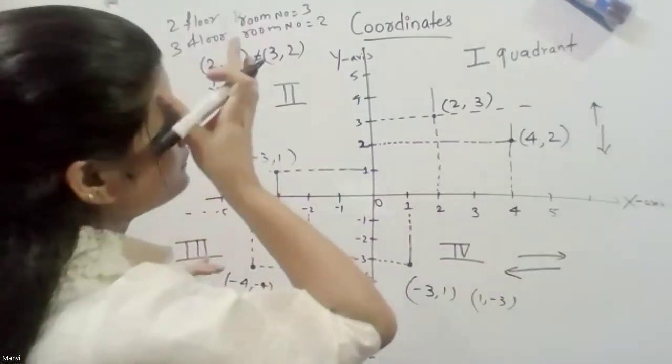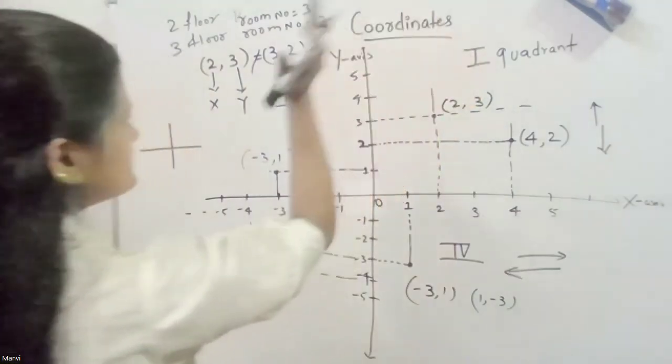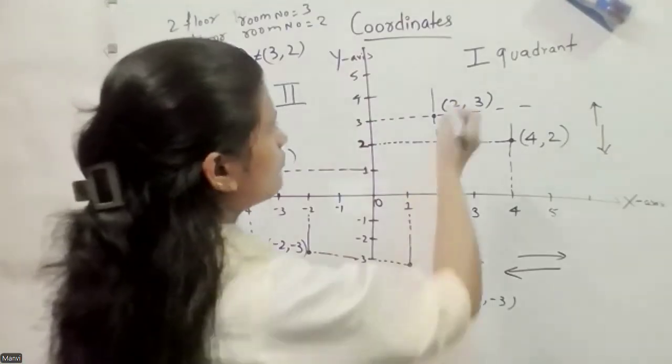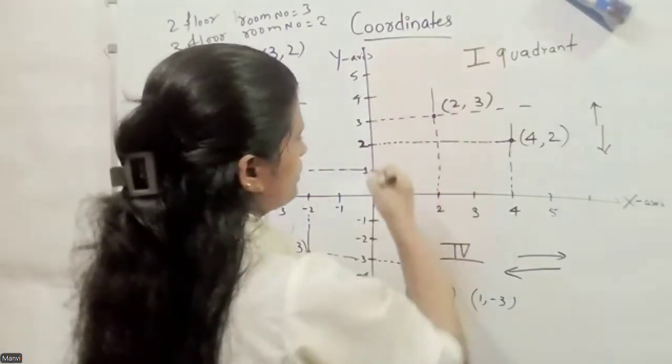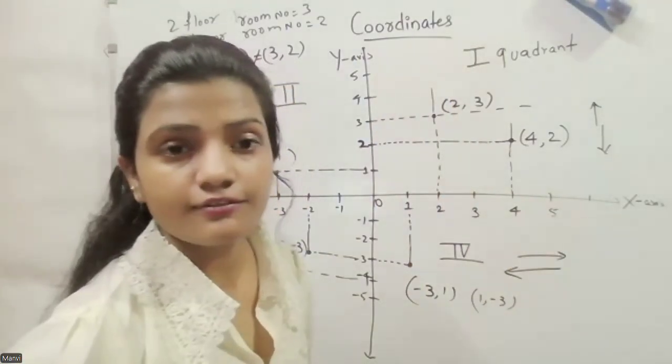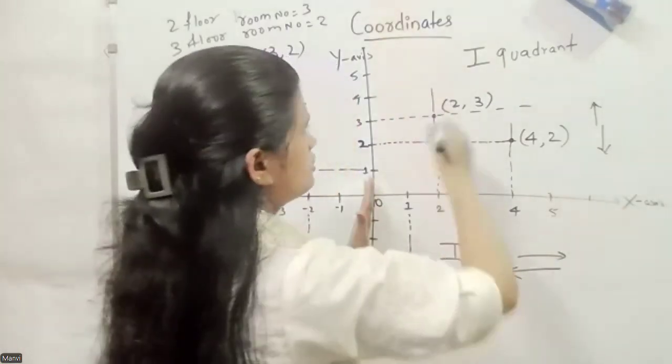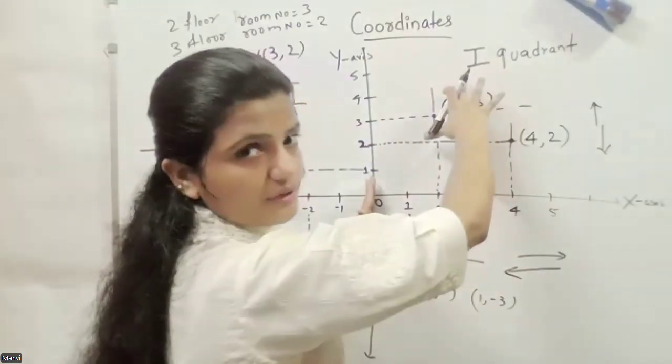Okay, so here we have first quadrant, second quadrant, third and fourth. You can see that all values in the first quadrant are always positive. Why? The value of x is positive and the value of y is also positive in this quadrant, right?